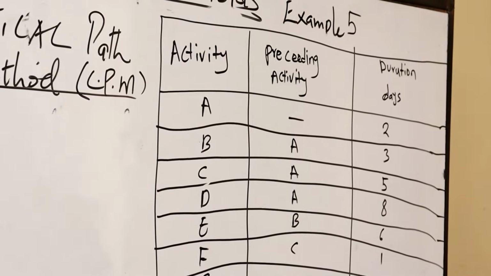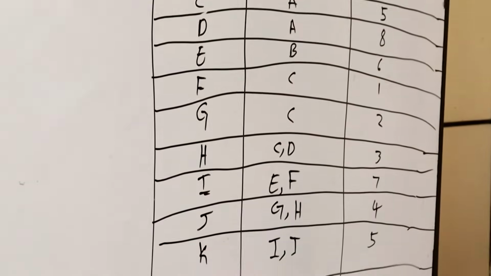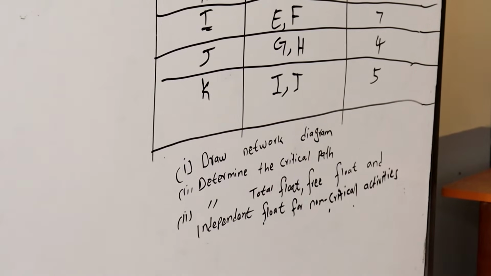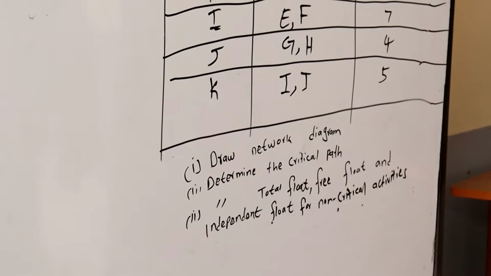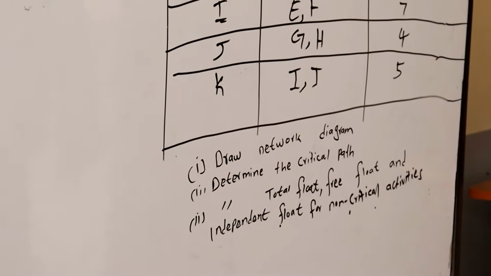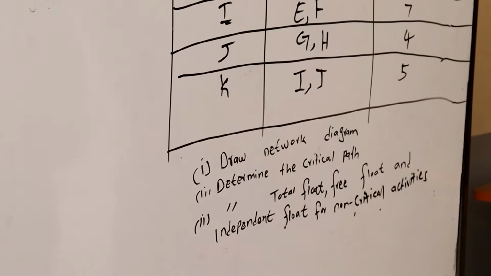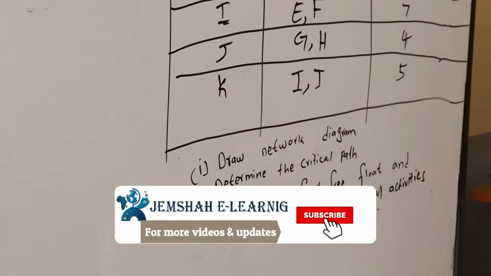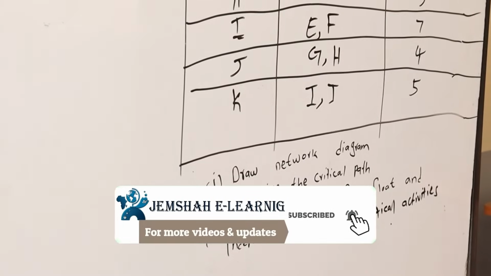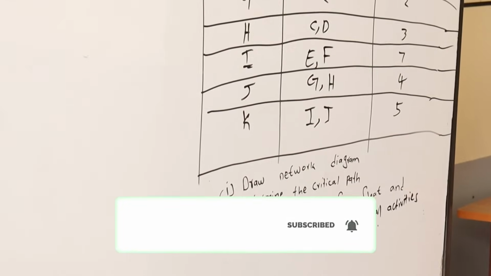Then the question is: draw the network diagram, determine the critical path, and determine the total float, free float, and independent float for non-critical activities. And this is how this network is supposed to be drawn.